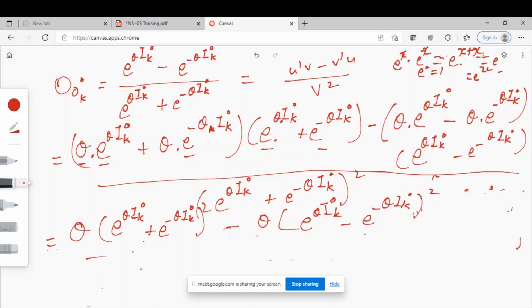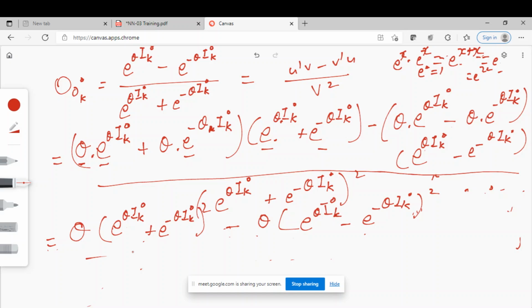Okay, so when you do that, what will happen? This theta can be taken out from both the cases. The theta can be taken out.